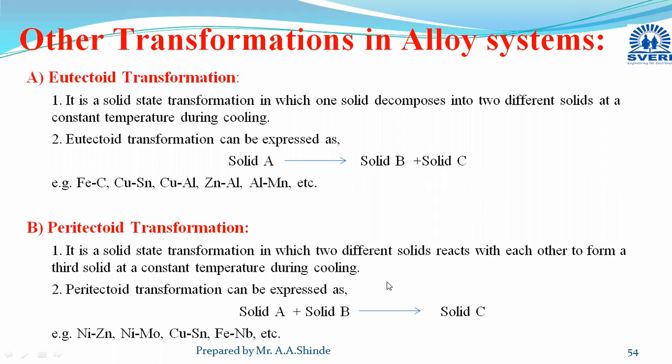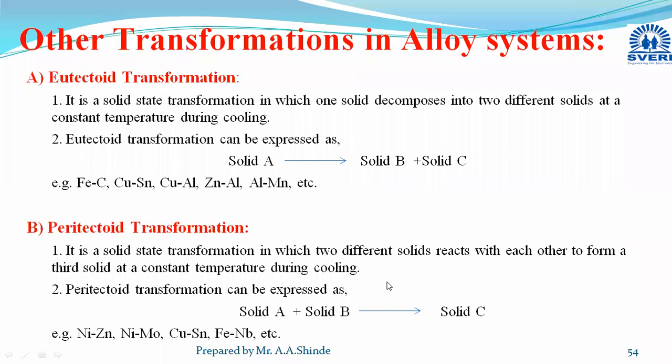It is a solid state transformation in which two different solids react with each other or combine with each other, and they form a third new different solid during the cooling at a constant temperature. Now its expression I have shown here. You can refer to it.